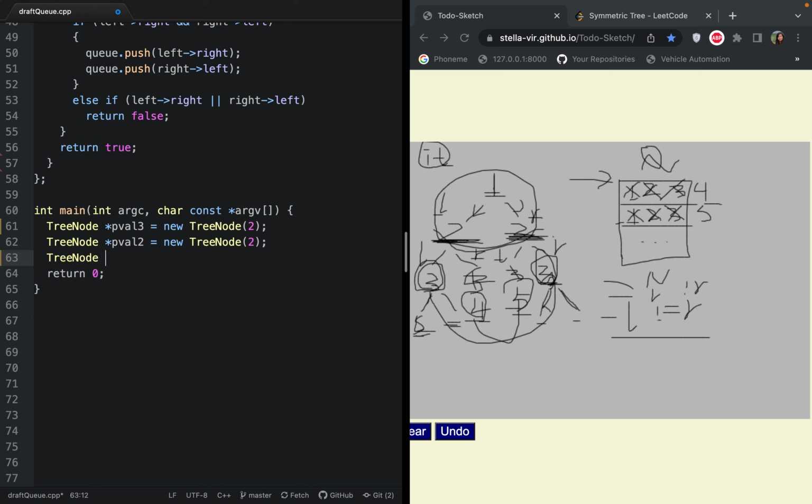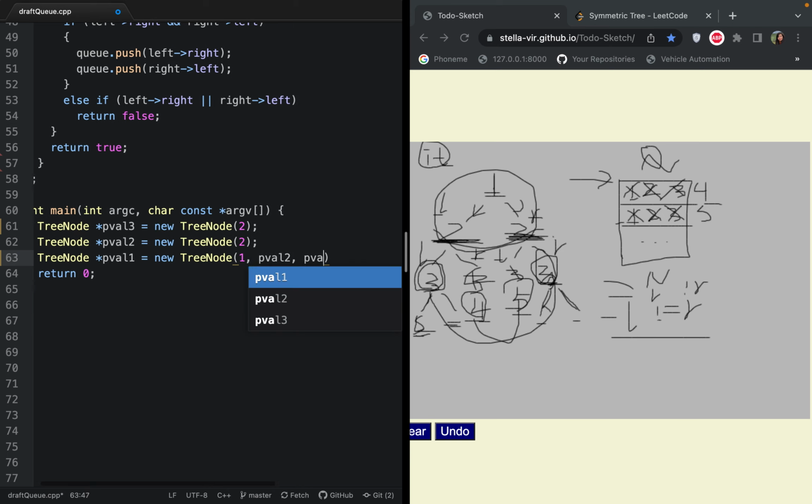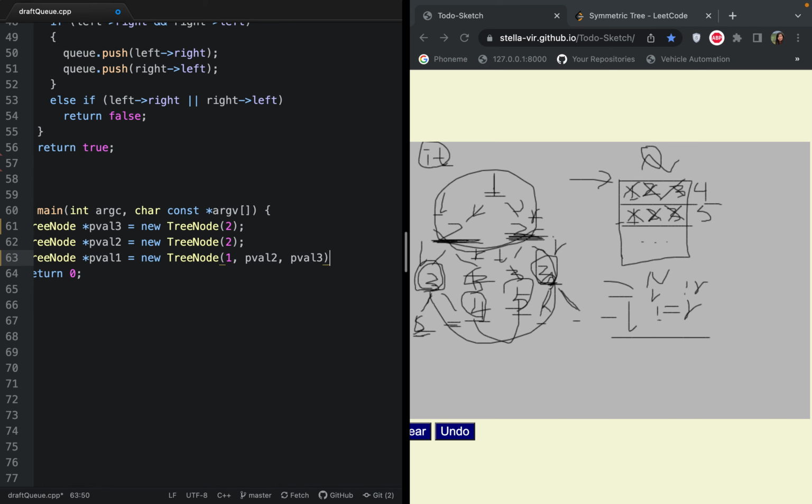Then the root is 1, and to its left it has pointer value 2 and pointer value 3.